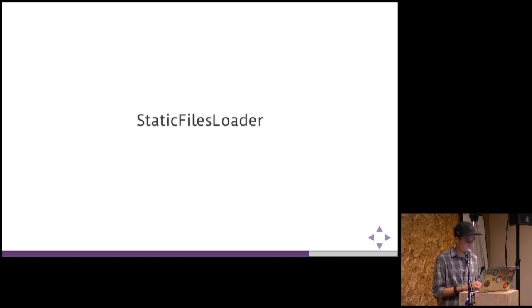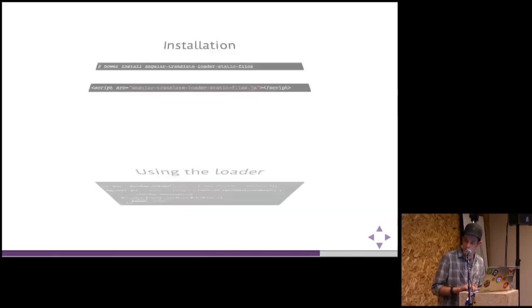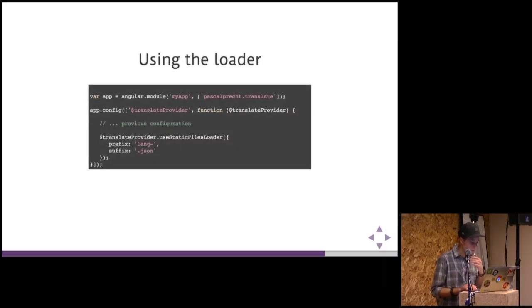You can install it with Bower for sure. It's as easy as this. Bower install angular-translate-loader-static-files, and you get the source. And of course, you have to embed it after that. And then you can just use a loader. So the translate provider has this method called useStaticFilesLoader. This is all you have to do.